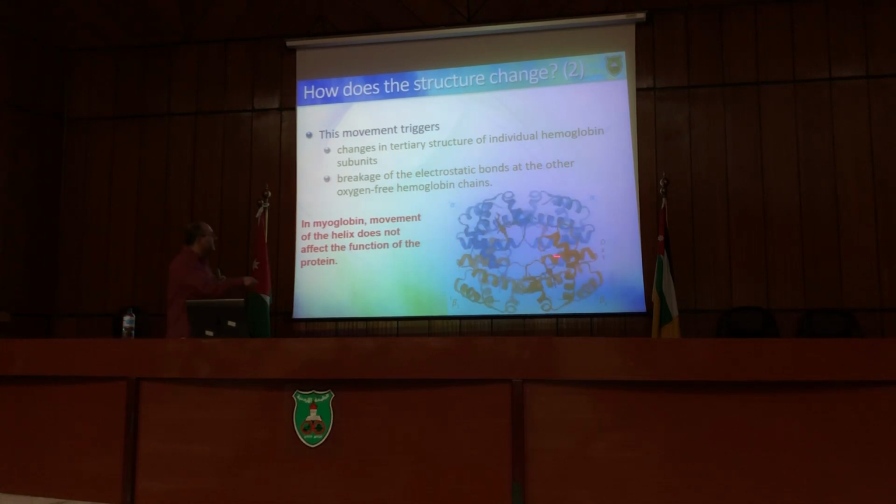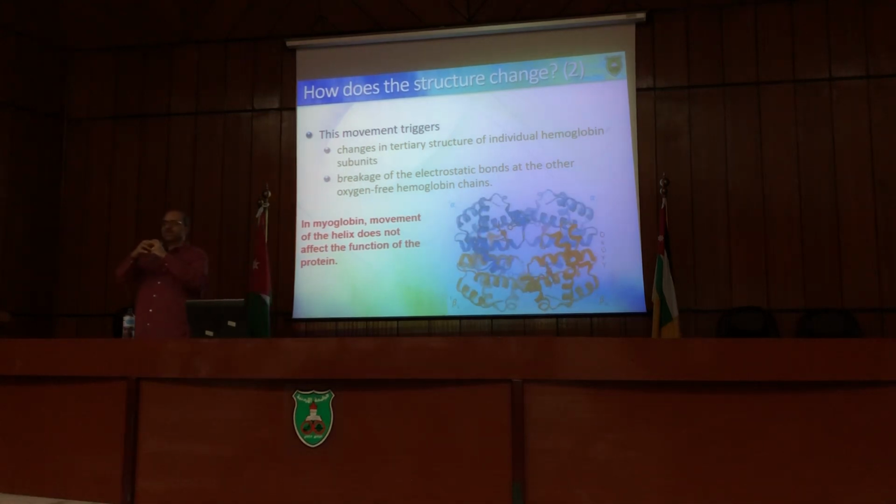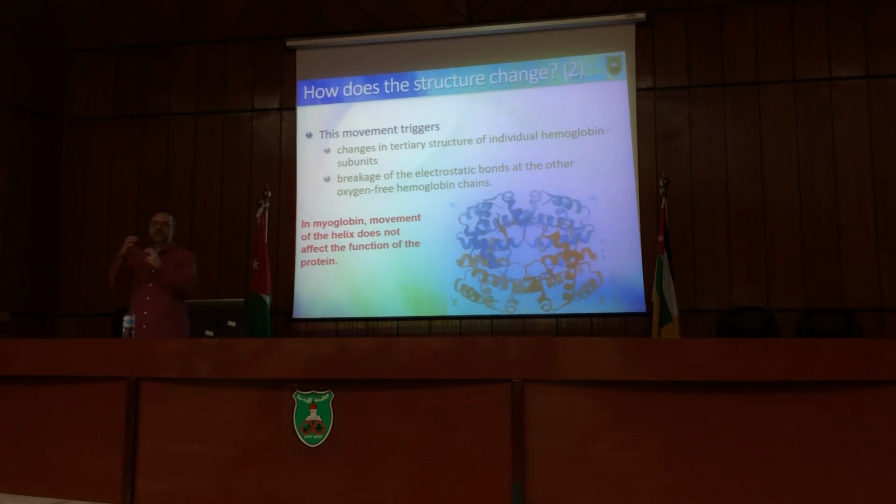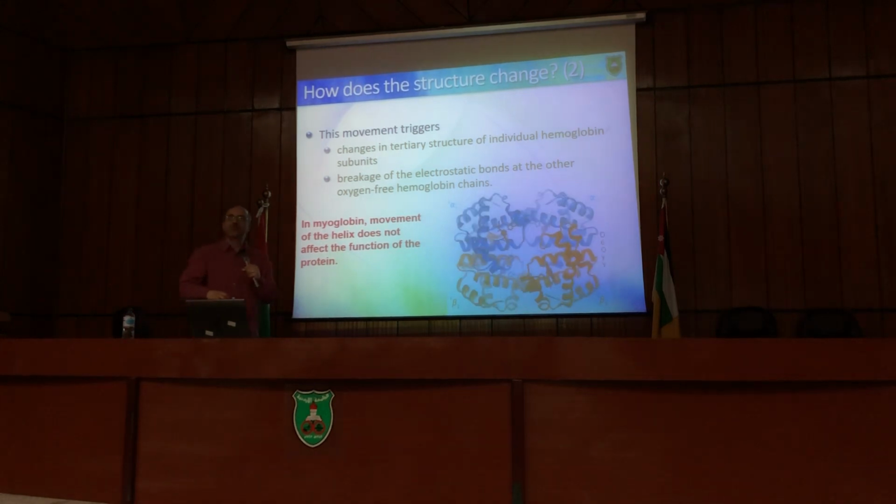The electrostatic interactions that exist between the chains get broken. When you break the electrostatic interactions, the molecule becomes relaxed, and it goes through this transition from T to R.